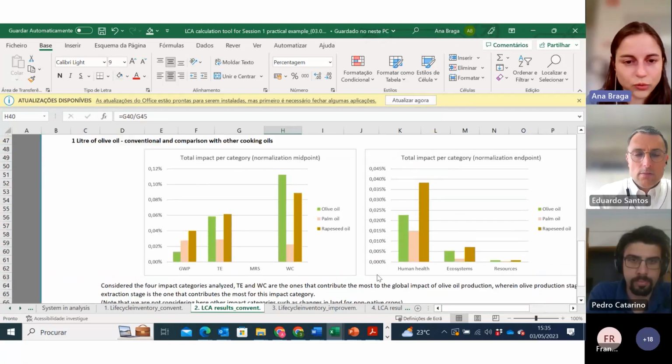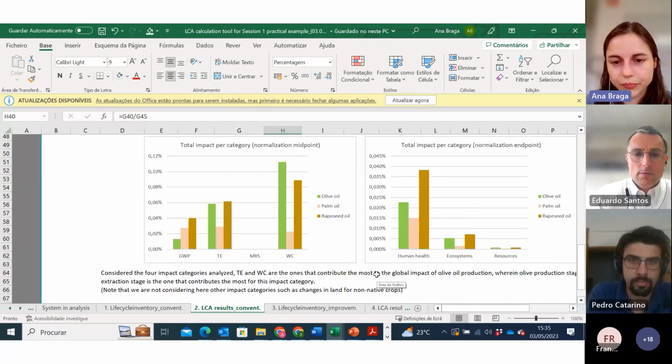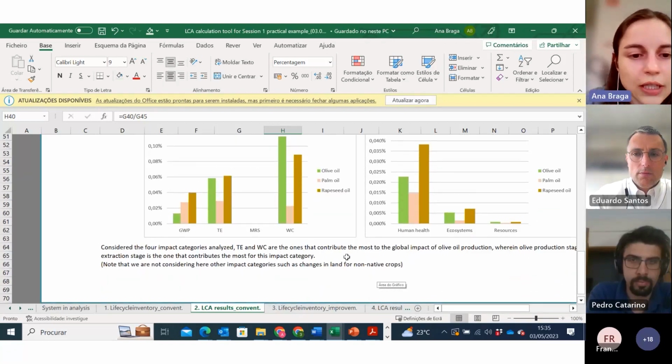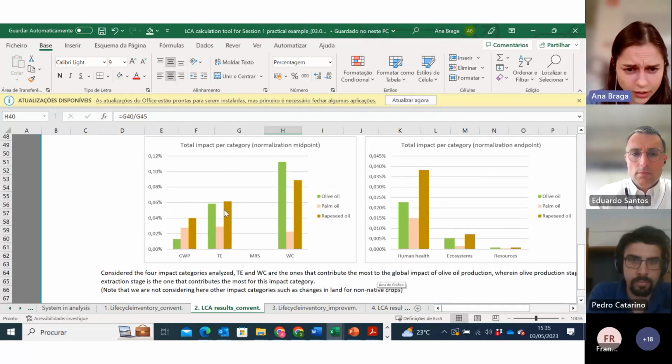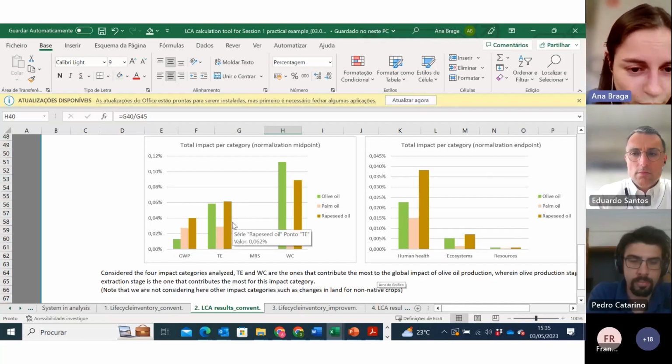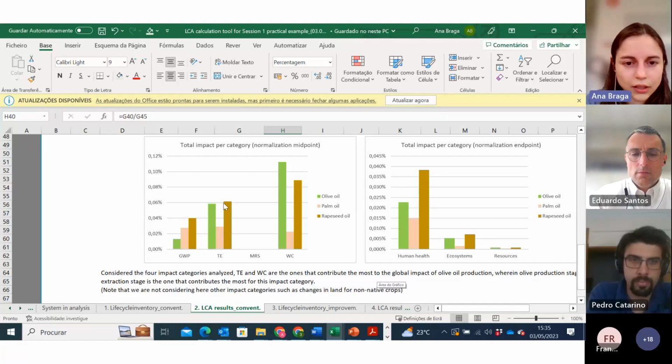And now, comparing with other cooking oils, with palm oil and rapeseed oil. Okay, global warming, we are already not bad, but there is also room to improve. Terrestrial ecotoxicity, we can make some improvements to reduce it, because it's not the biggest or the major, but it's close.